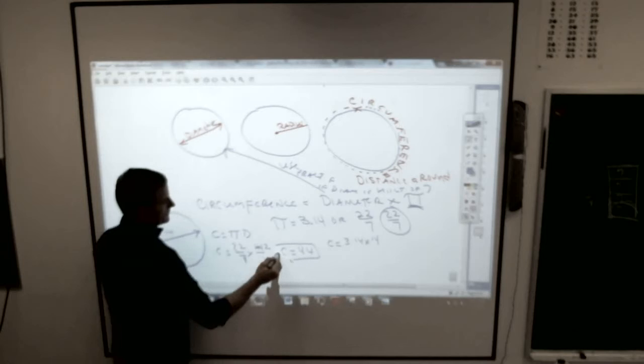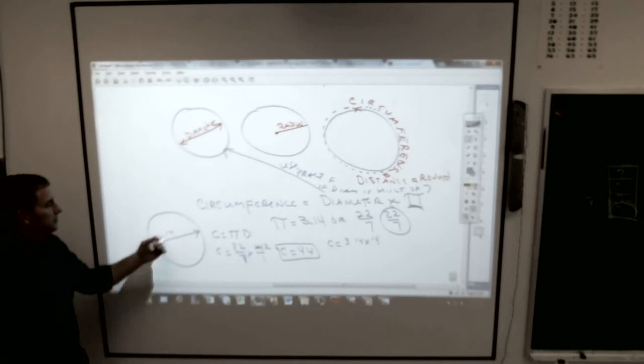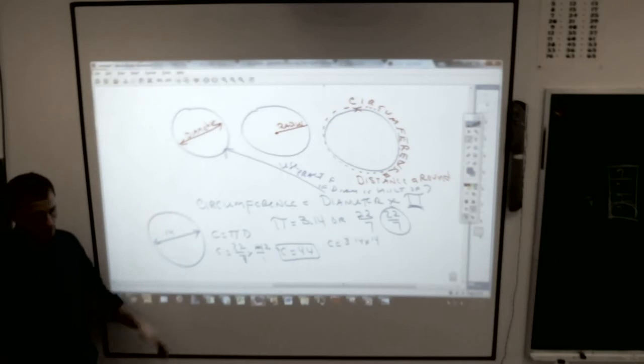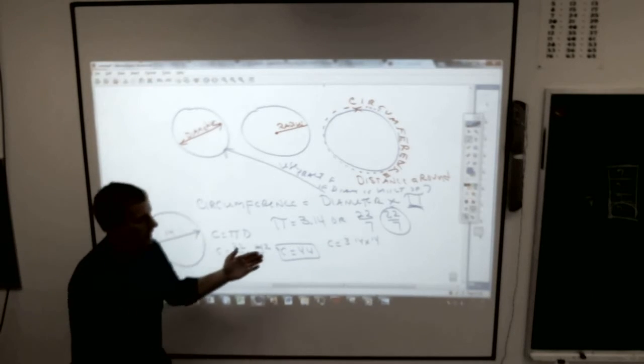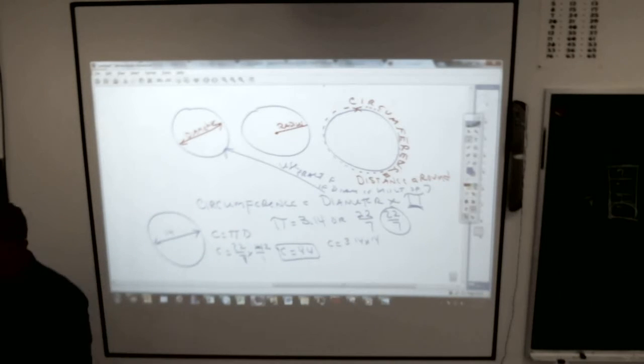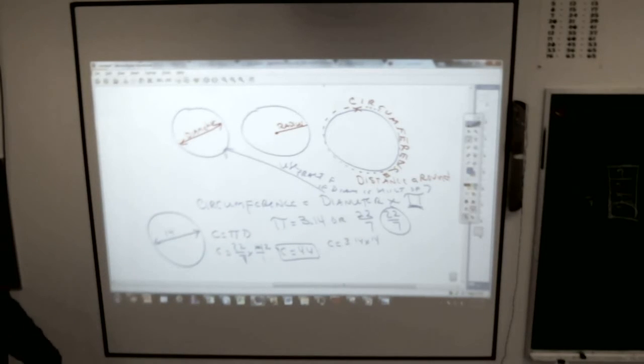So if it is a fraction or a multiple of 7, 7, 14, 21, 28, 35, use the fraction because the fraction will cross off, leaving you with a nice handy number as opposed to a big long decimal.